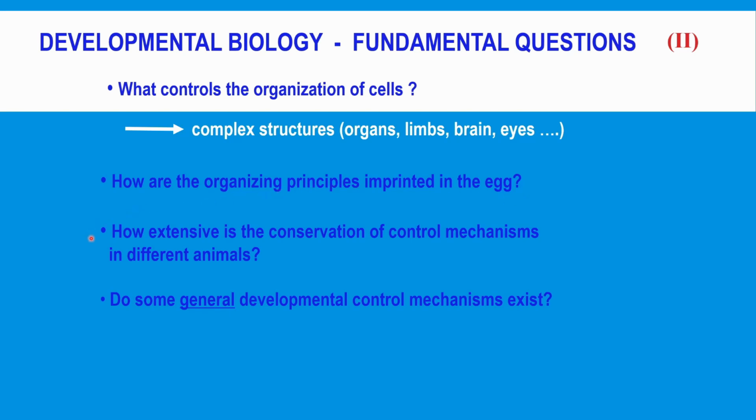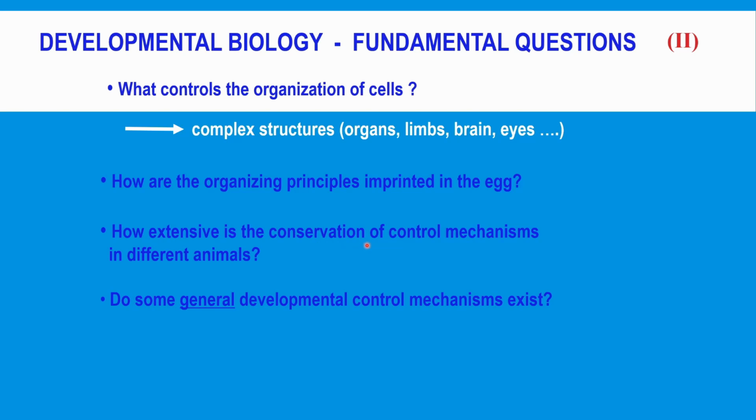And then, in order to know how useful model systems can be, experimental model systems to study development in higher organisms like humans, we need to know how extensive is the conservation of control mechanisms in these different animals, right?